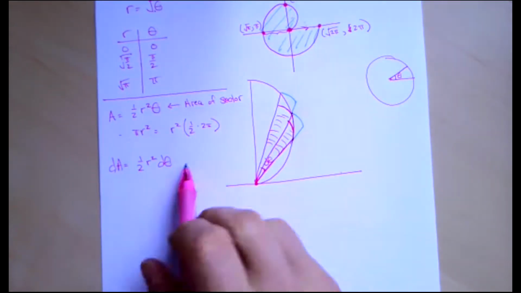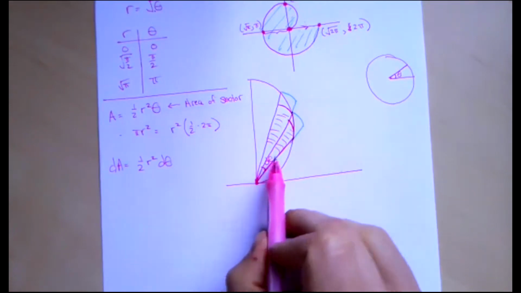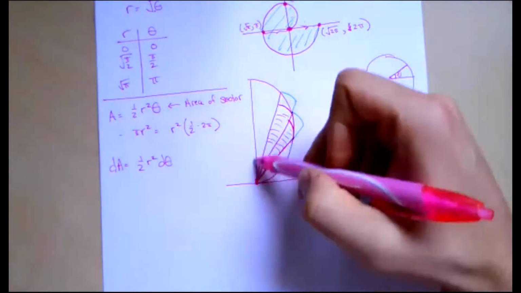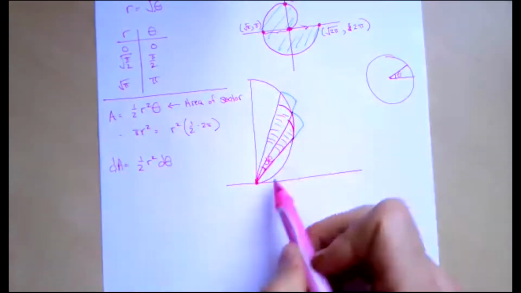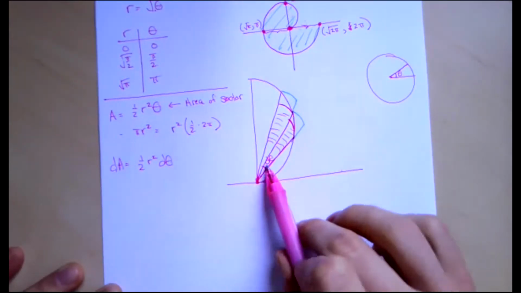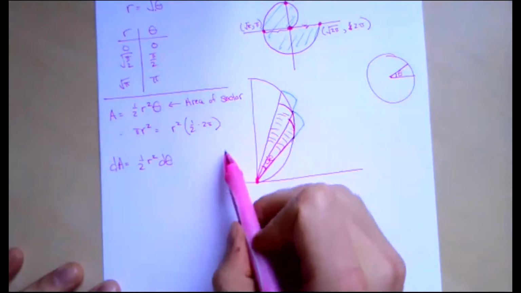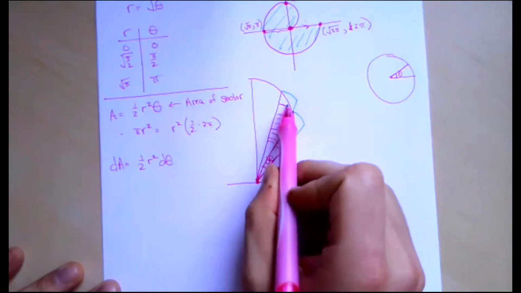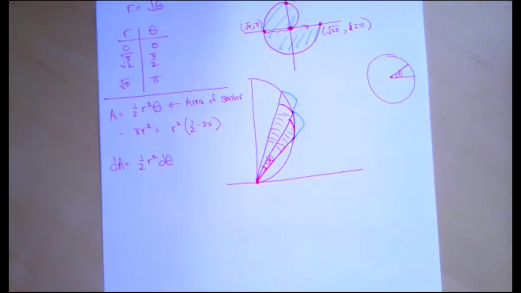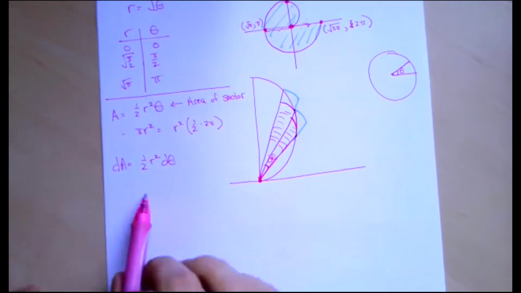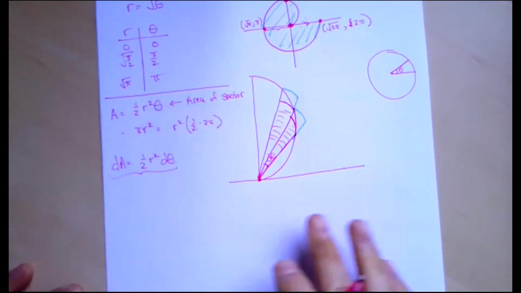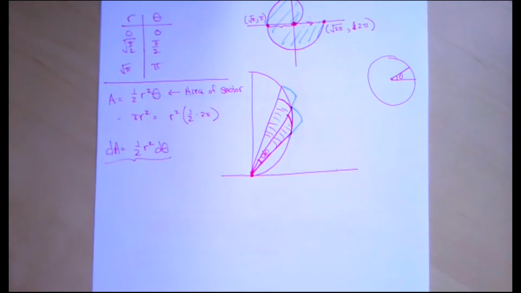And the finer and finer partitions we take of our theta, the more we cut up the circle, or at least our angles that we're traversing as we go around, the closer and closer these approximations are going to be. And so this is our defining formula for area.